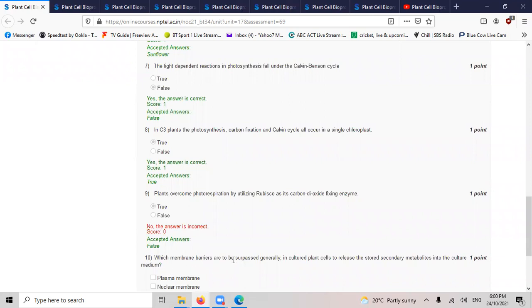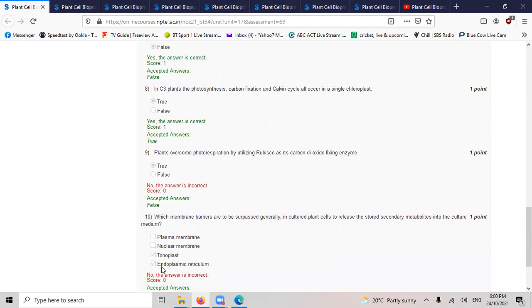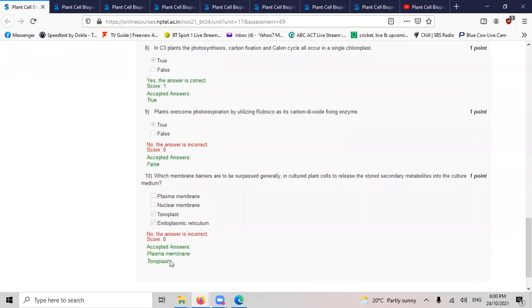Which membrane barriers are to be surpassed generally in cultured plant cells to release secondary metabolites? Tonoplast and plasma membrane. Yeah. Sweet.